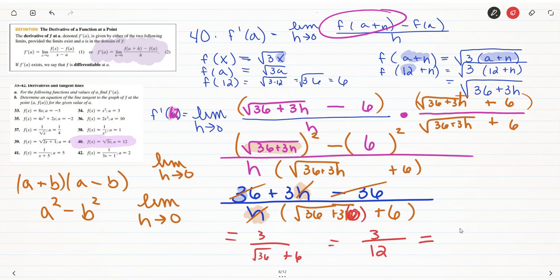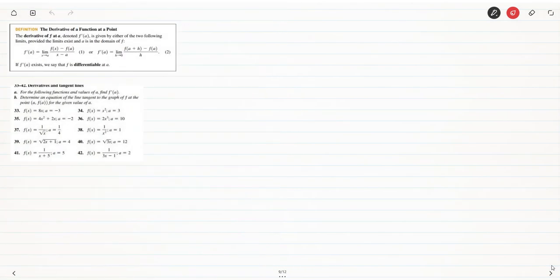I can reduce 3 over 12 to get 1/4, and that is, in fact, the derivative. So I've found that f prime of 12 is equal to 1/4. Part 1, or part A rather, is done.